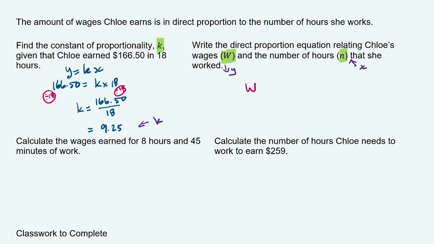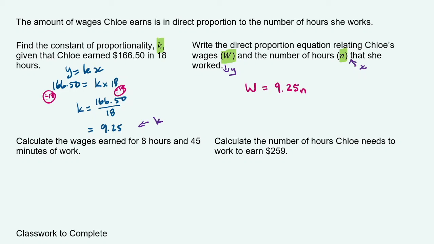It's going to be a W at the start. We know the value of K now, that's 9.25. And then instead of X, we're going to use N. So it's just about the form of those equations. It doesn't always have to be X and Y. Whatever letters you use, it still needs to look like that though.